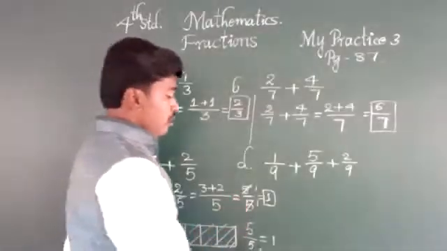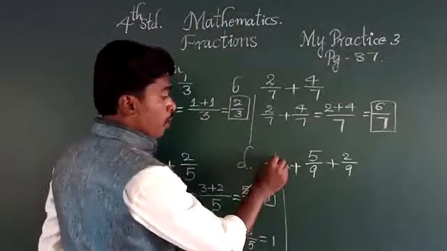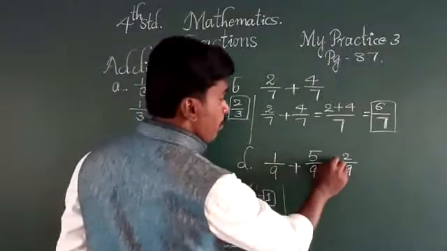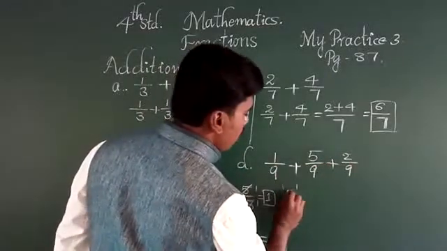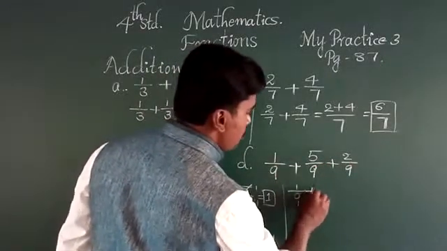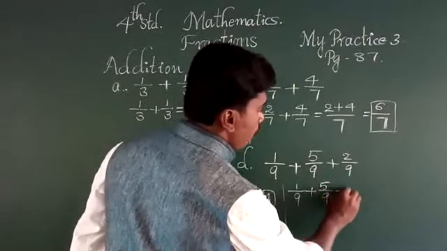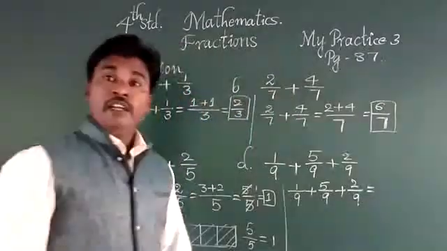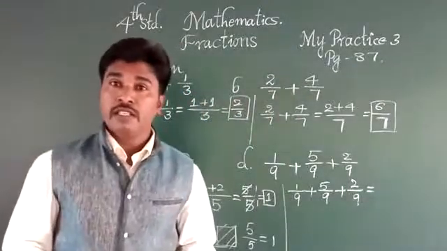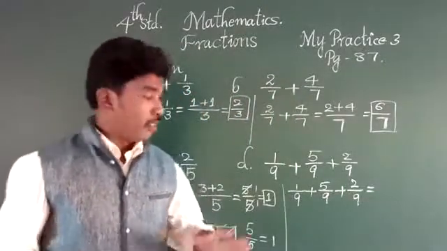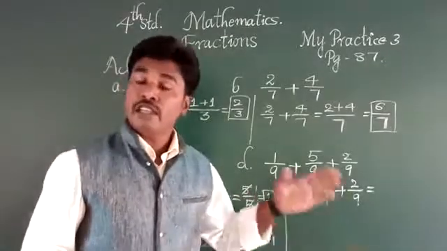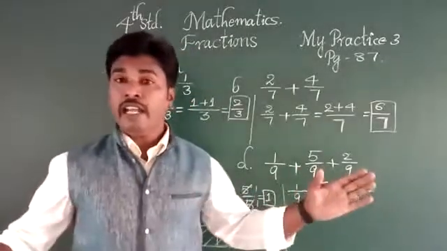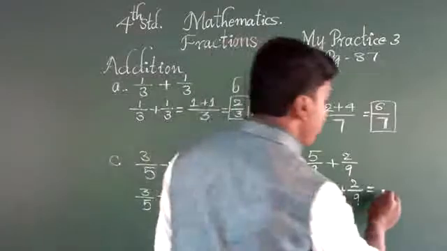Now come to the next one, D. 1 by 9 plus 5 by 9 plus 2 by 9. Write the numbers again. Dear children, if it is like fractions, however many fractions come, don't think anything. Write the common denominator.